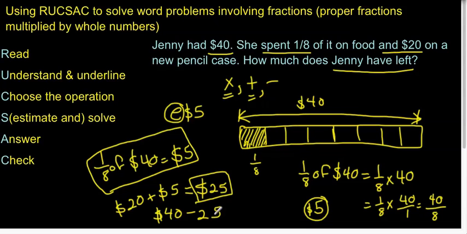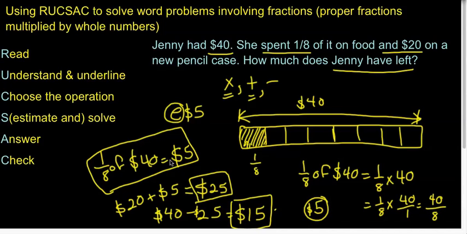And you'll see that my estimate was a way off. It's $15. That's why it's just an estimate. So that means that Jenny has $15 left out of her 40. And just double check that. 40 is 40.